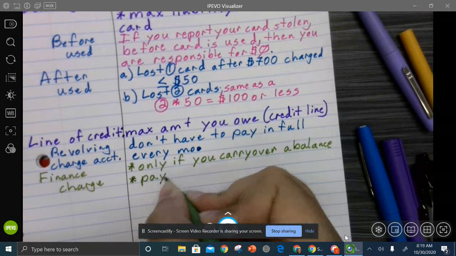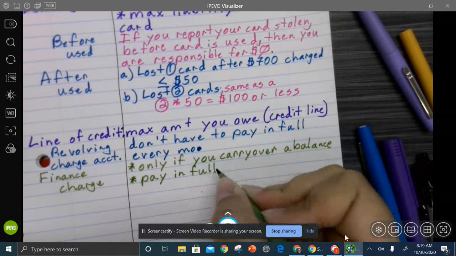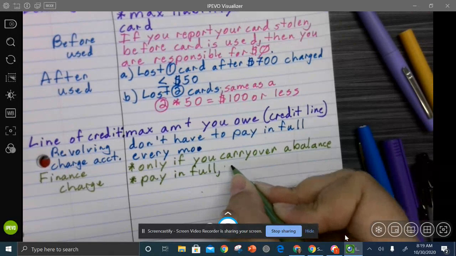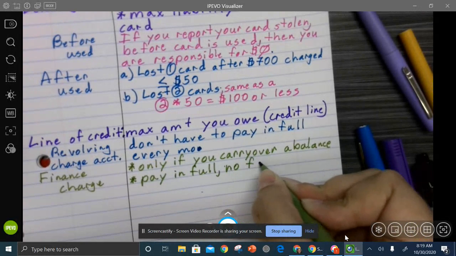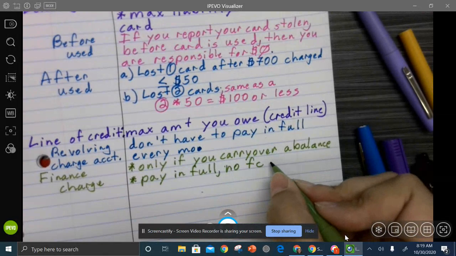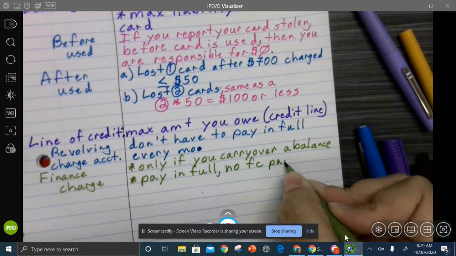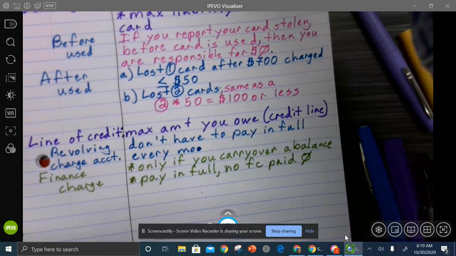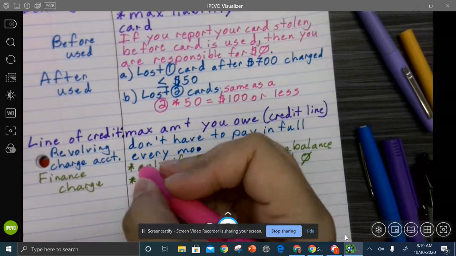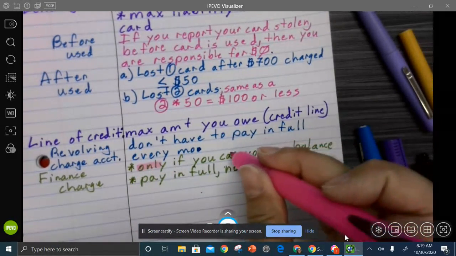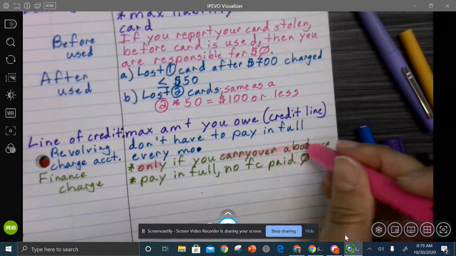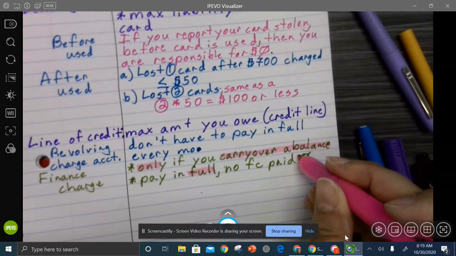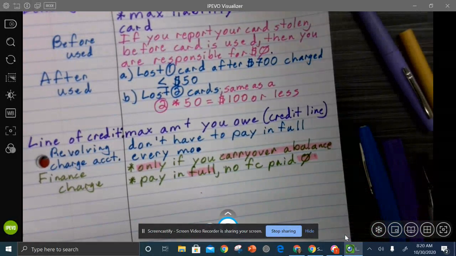If you pay in full, then no finance charge. So no interest is added. Again, only if you carry a balance; if you pay in full, it's going to be 0.